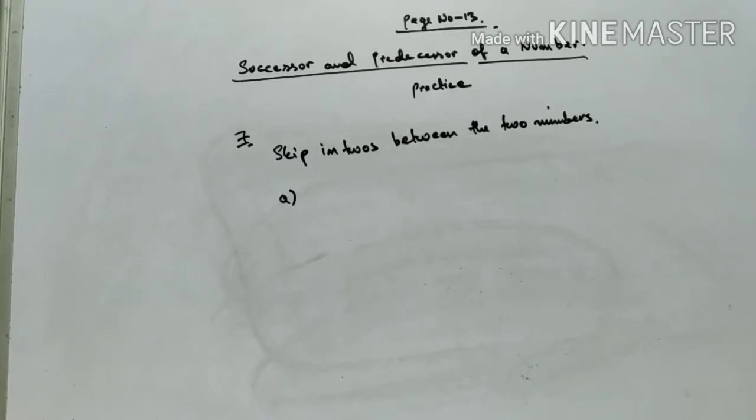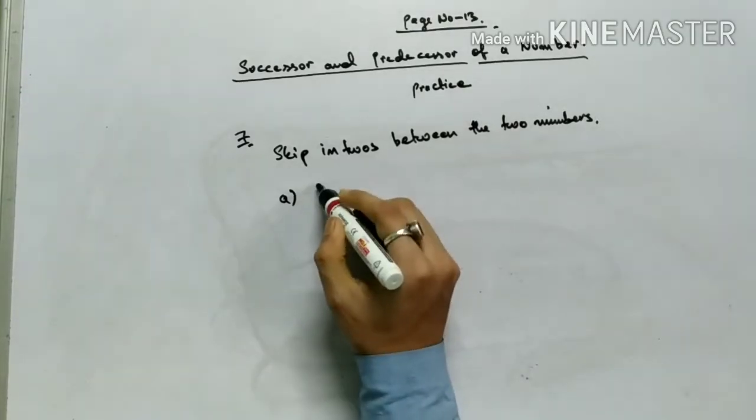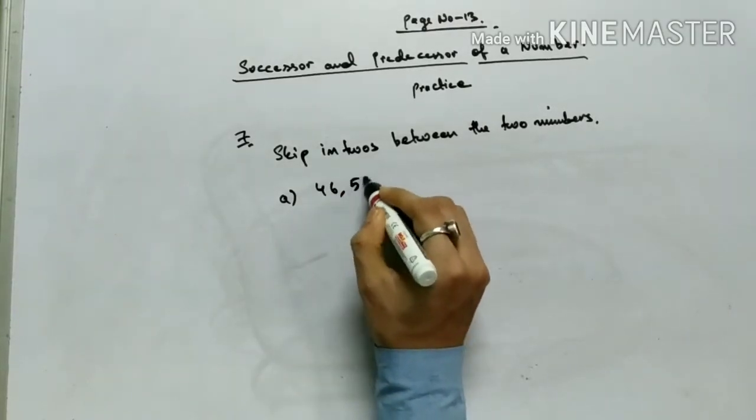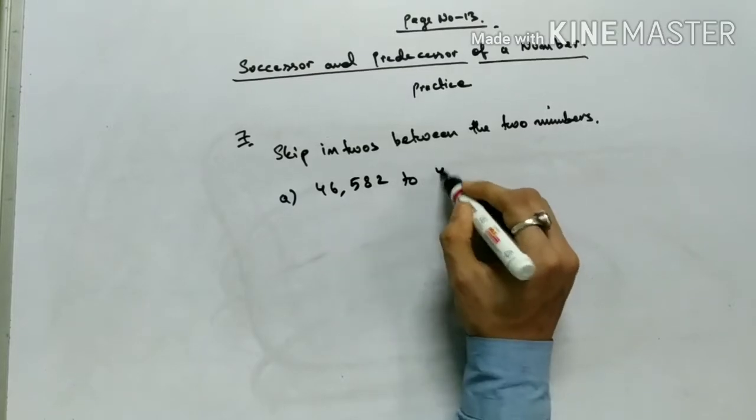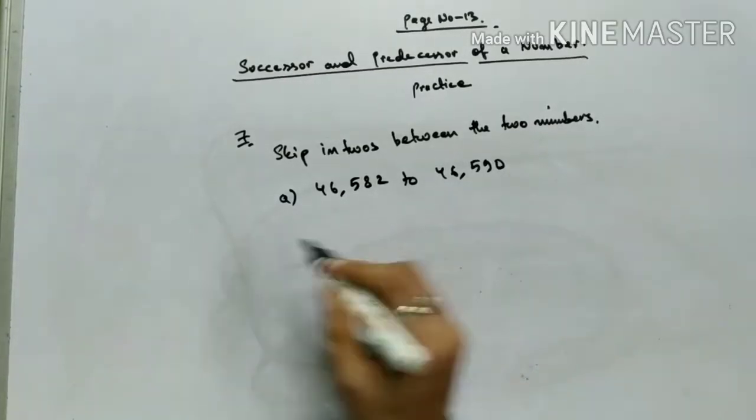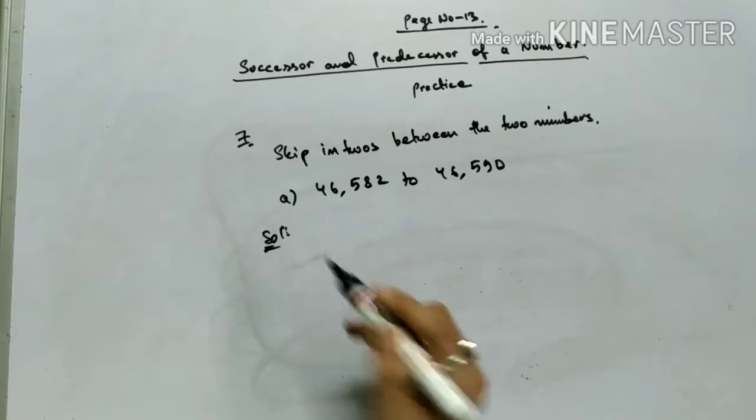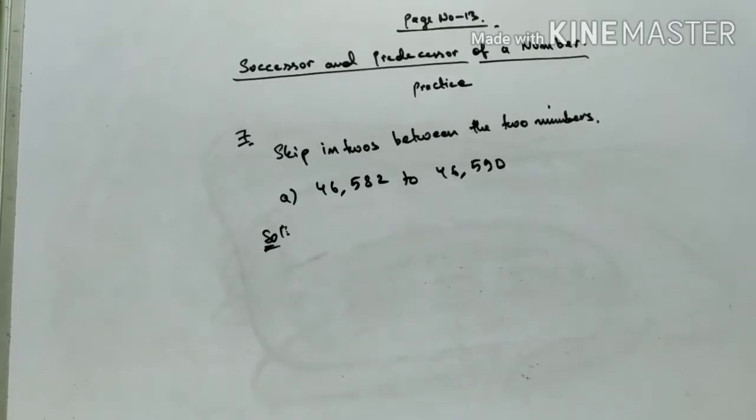This is, you see, 46,582 to 46,590. Skip in twos between the two numbers.